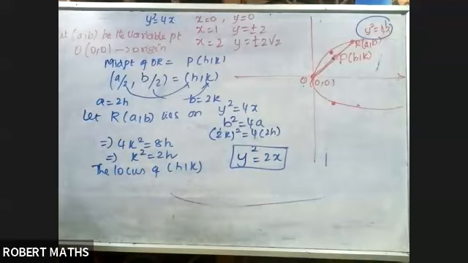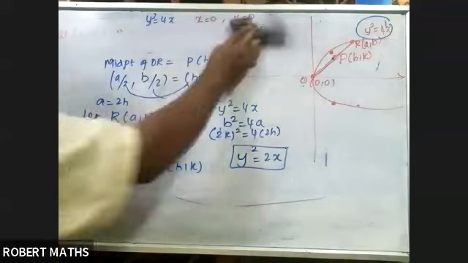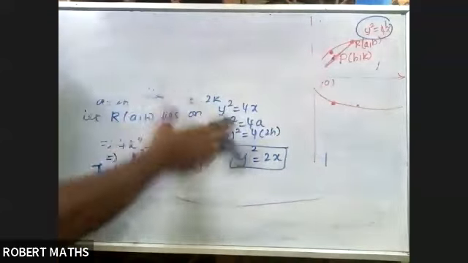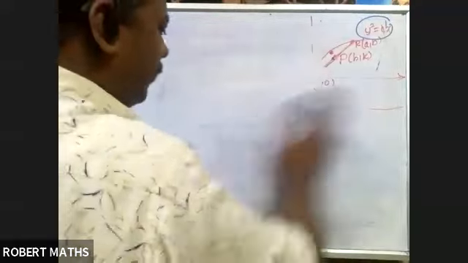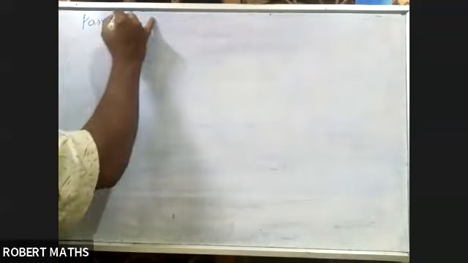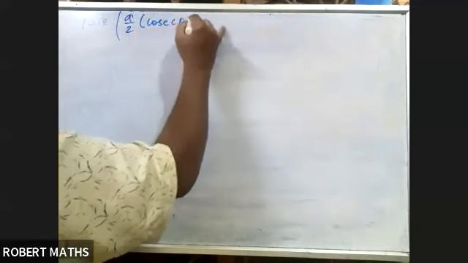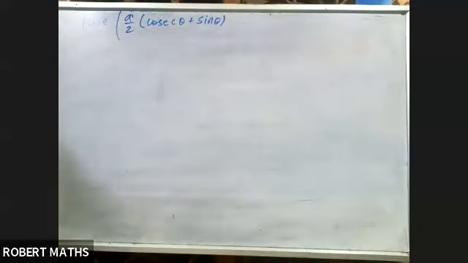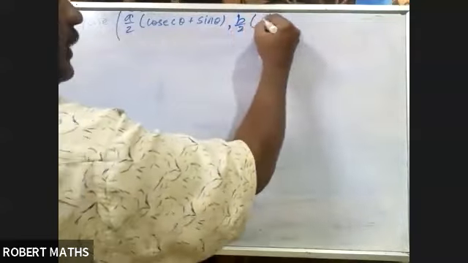Next one. The coordinates of the moving point P are a by 2 into cosecant theta plus sin theta, comma b by 2 into cosecant theta minus sin theta.